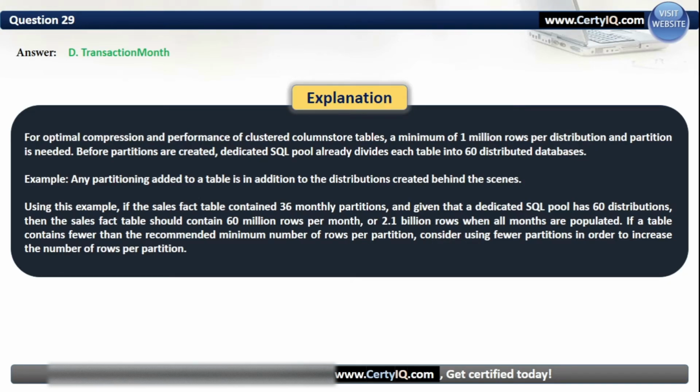Using this example, if the sales fact table contained 36 monthly partitions, and given that a dedicated SQL pool has 60 distributions, then the sales fact table should contain 60 million rows per month, or 2.1 billion rows when all months are populated. If a table contains fewer than the recommended minimum number of rows per partition, consider using fewer partitions in order to increase the number of rows per partition.